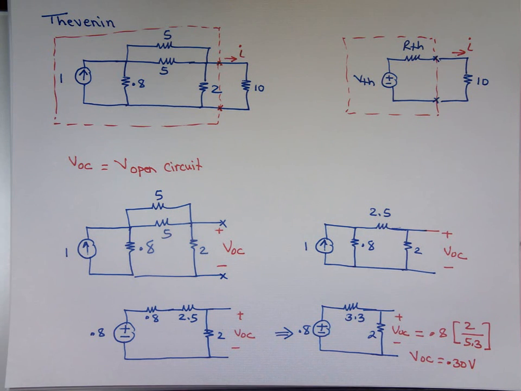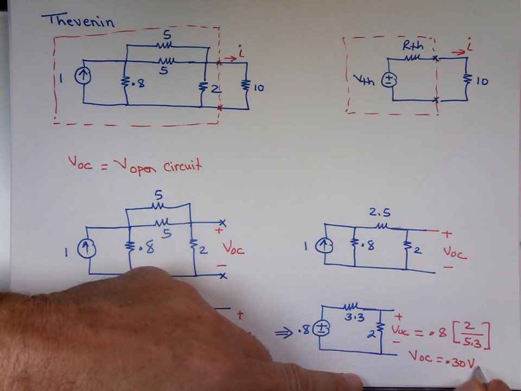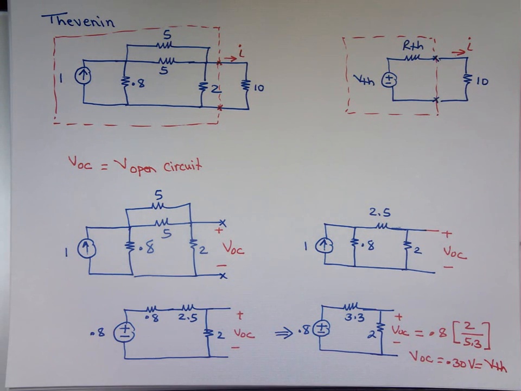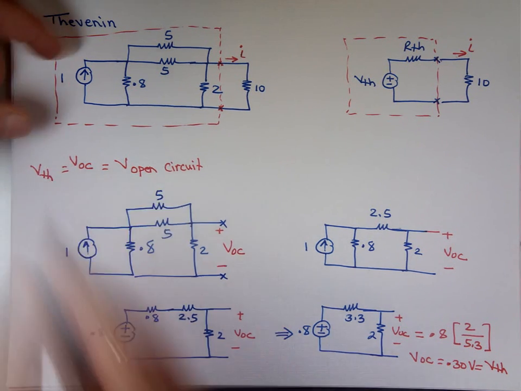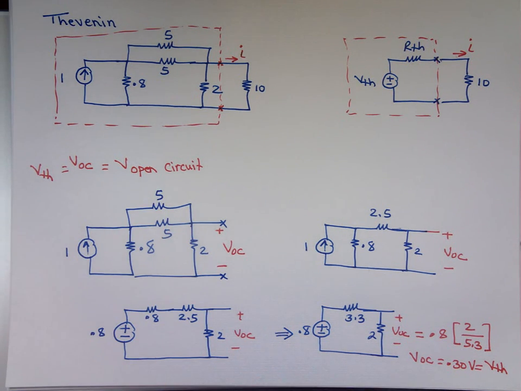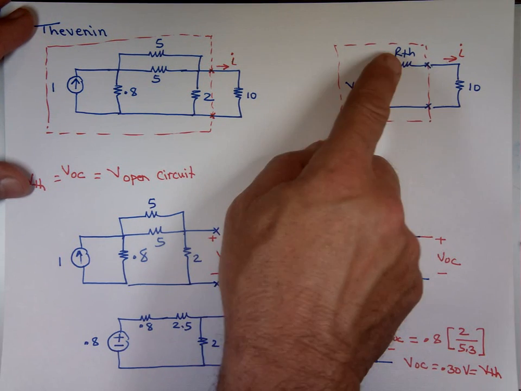So I got the V open circuit, which is V Thevenin. So V Thevenin here equals V open circuit. I mentioned that early on the first page. So I know V Thevenin, now I need to find R Thevenin.